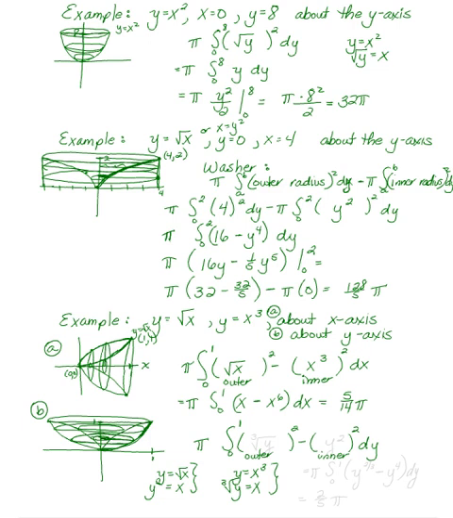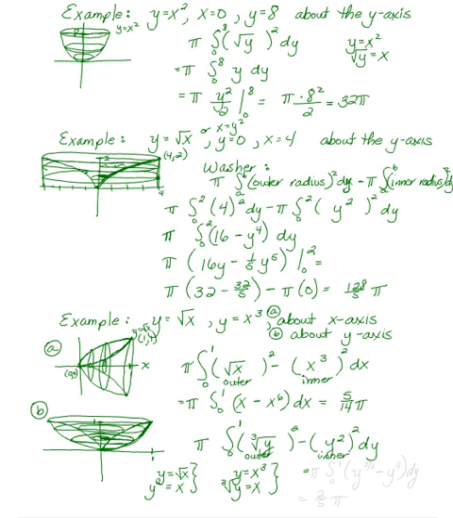If y equals x cubed, x is equal to the cube root of y, and so our outer radius is the cube root of y. Our inner radius is given by the inside function, which was originally y equal to the square root of x. If we solve that for x, we get x equal to y squared. So our inner radius is y squared. And that should complete the setup for this.